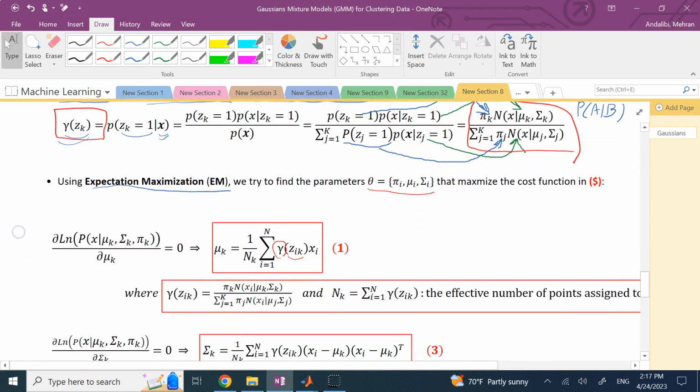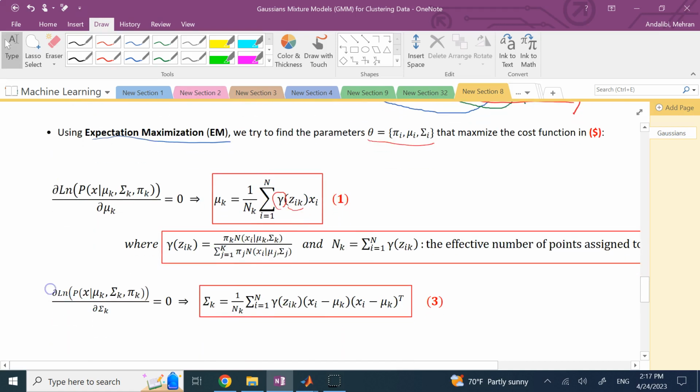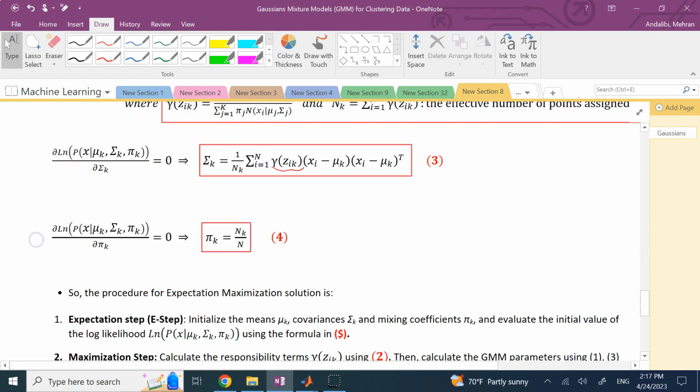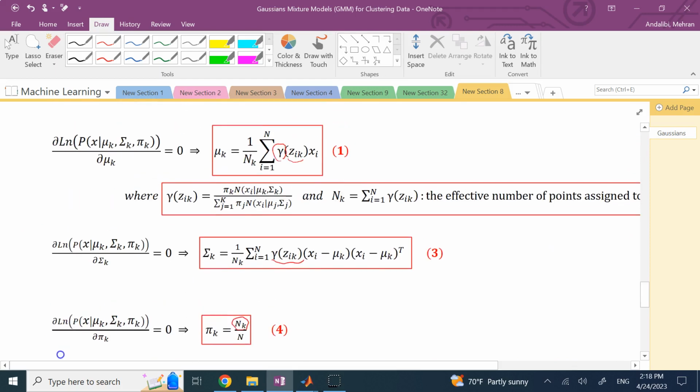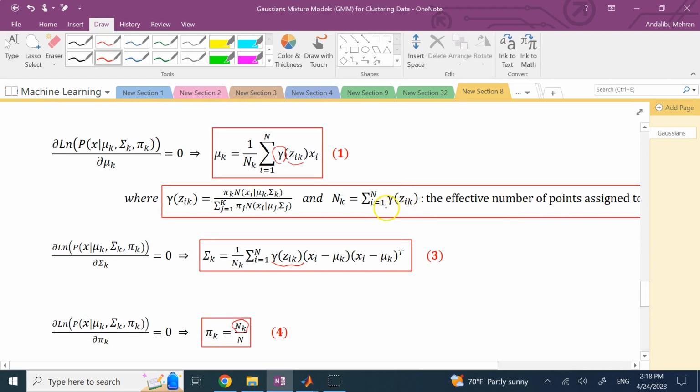So here I have rewritten it for you, that gamma of zi and k that you need here in equation 1, you need it in equation 3, as you can see, and in 4 you don't need it directly, although in 4 you need to calculate nk, and nk, we'll talk about it, that also needs gamma of zik.